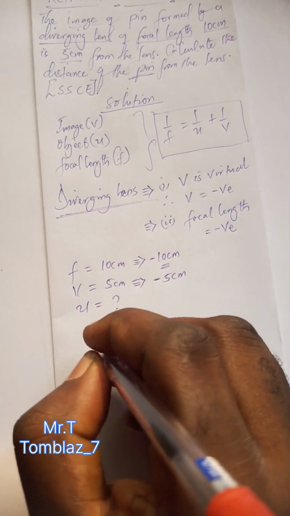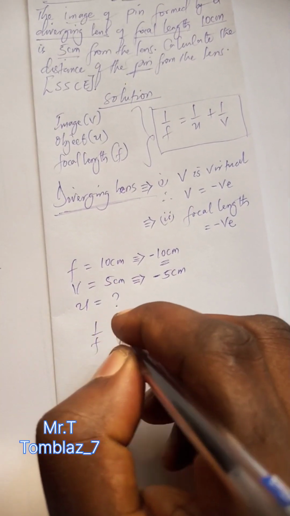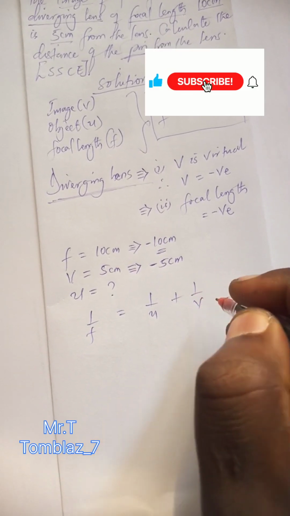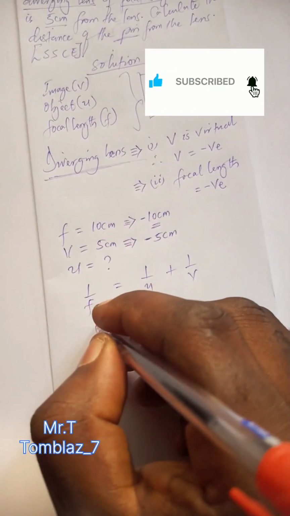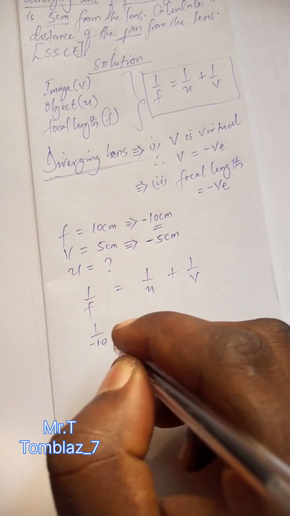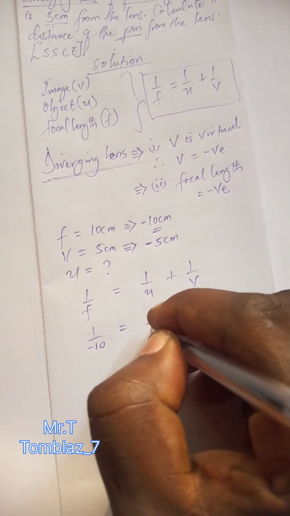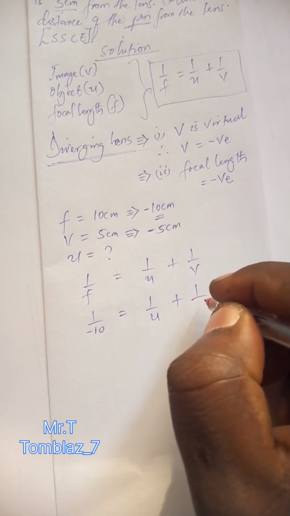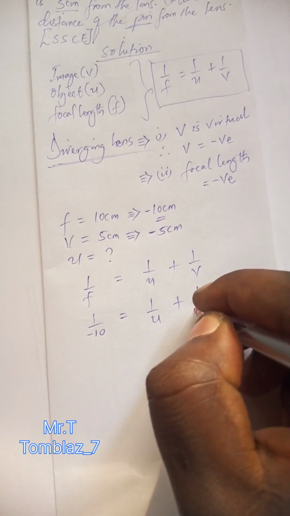F will now be 1 over, okay, let's write it here first and do it gradually. F is minus 10, so we have 1 over minus 10 is equal to 1 over U. I'm looking for the object. And then this is minus 5, right?